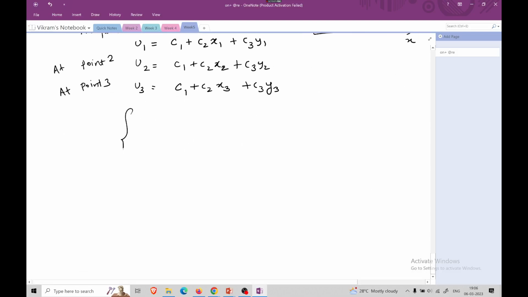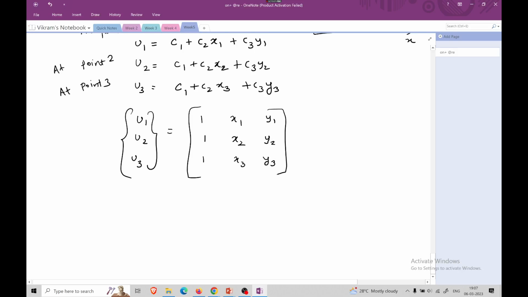If I represent this in matrix notation, u1 u2 u3 is going to be the matrix 1 x1 y1, 1 x2 y2, 1 x3 y3, times c1 c2 c3.